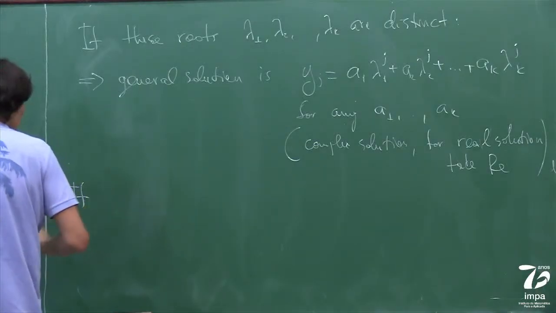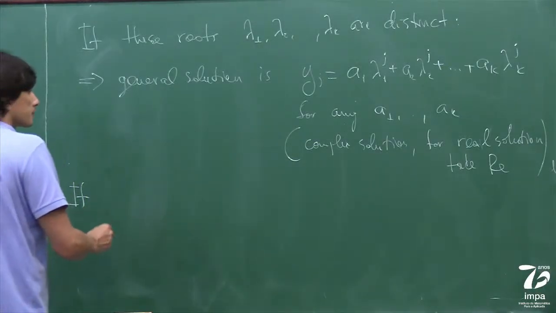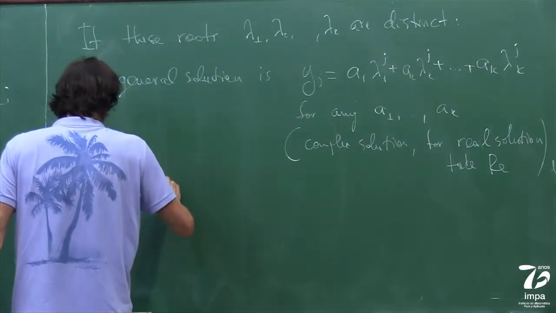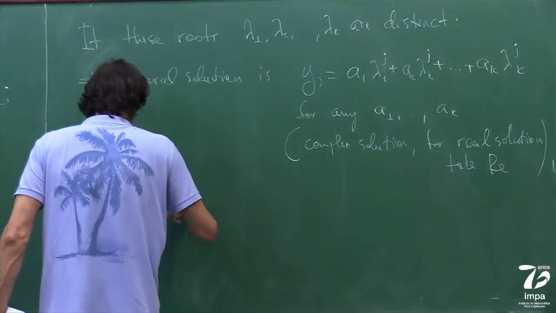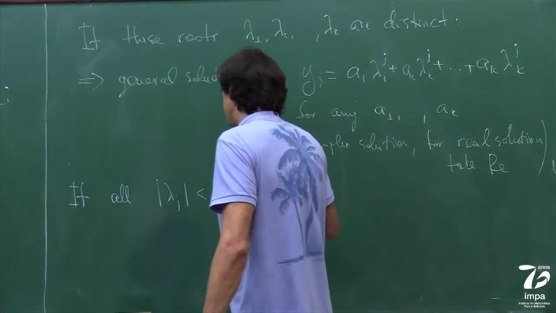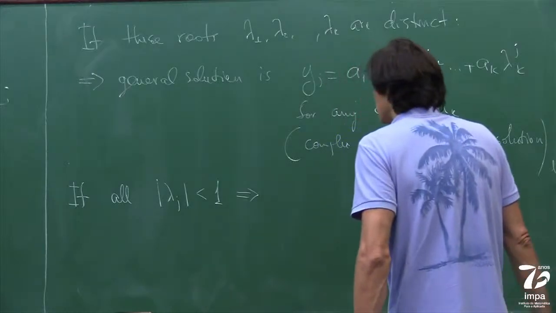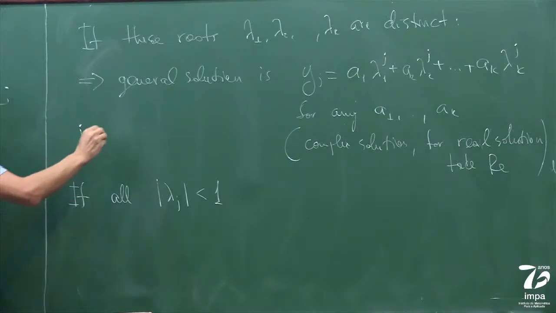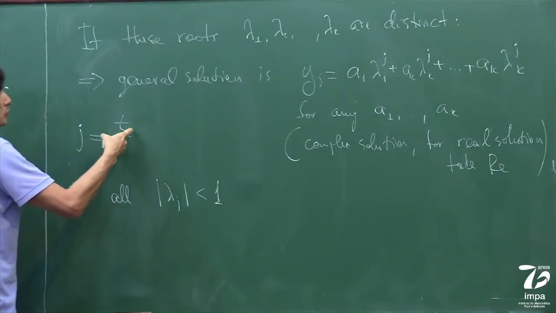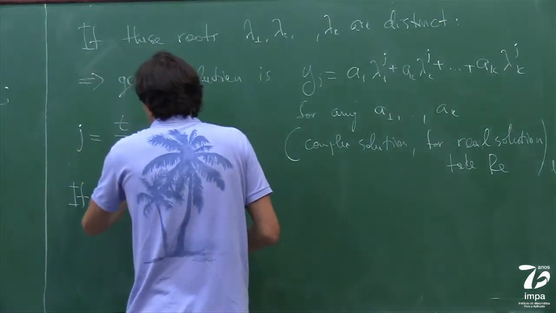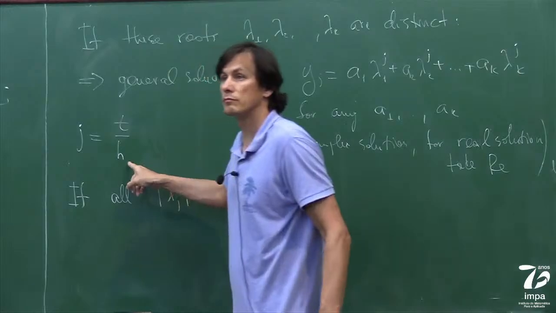And if all lambdas have absolute value smaller than 1, then remember what is j? j is the time at which you want to compute divided by the time step h.